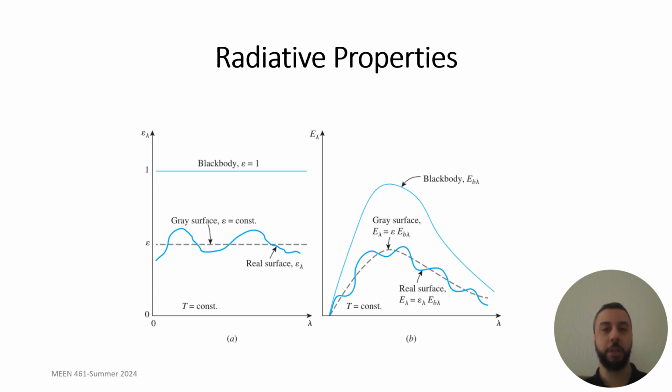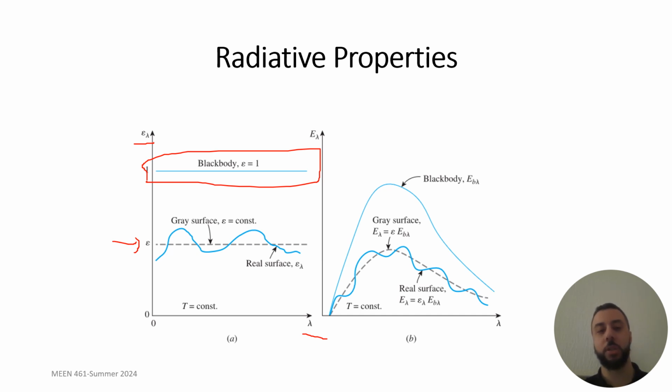So here's a graph that shows emissivity versus wavelength. And as we mentioned before, a black body has an epsilon of 1, and it's perfect. And a gray surface has some kind of epsilon, and you can see that that's a dotted line. A real surface, its emissivity is going to vary depending on the surface.